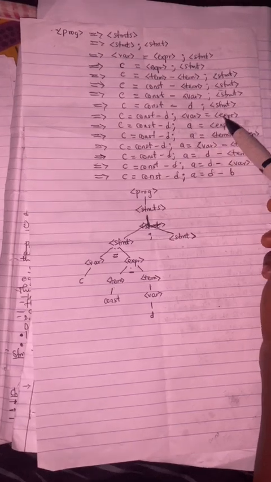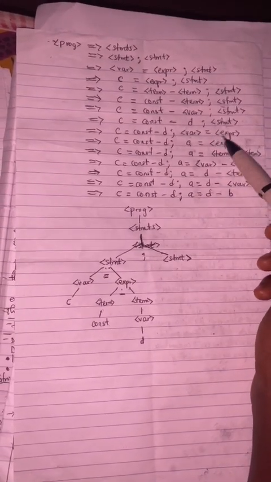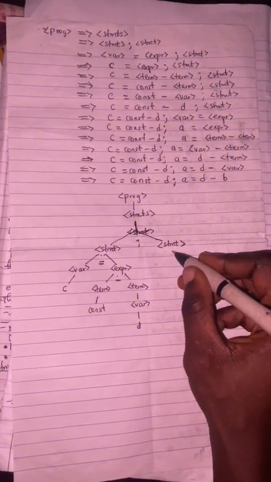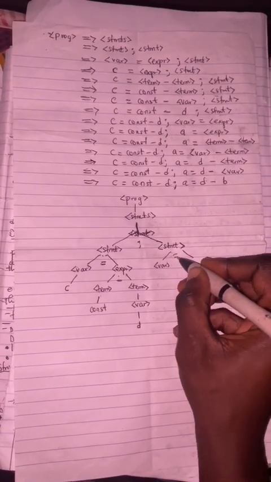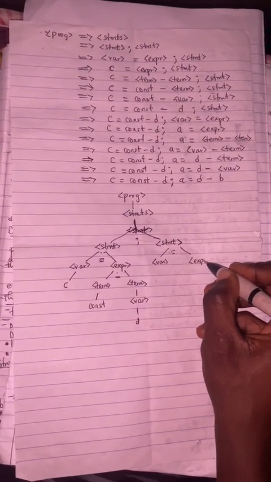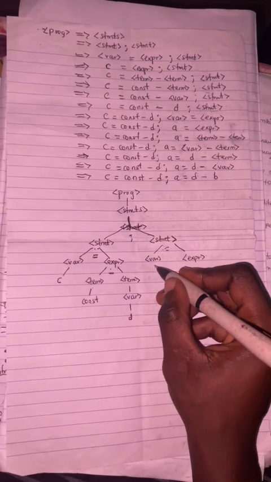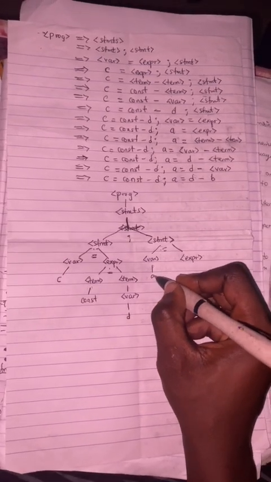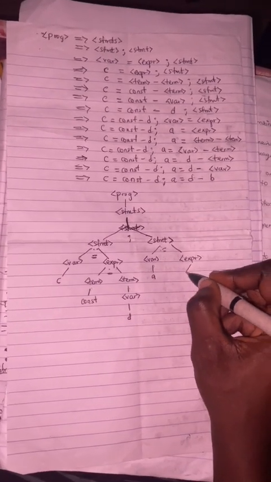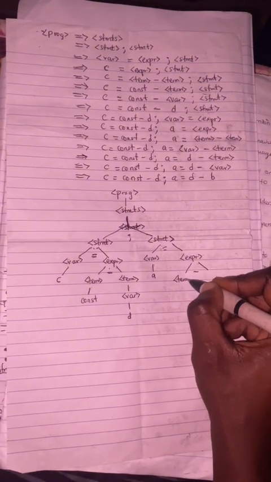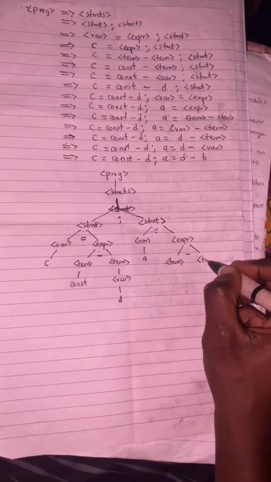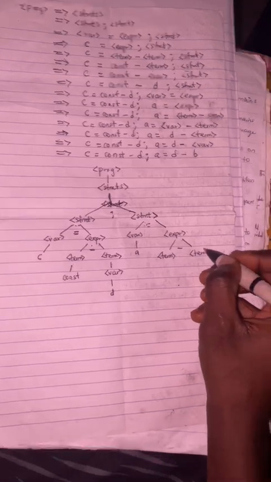So now I want to derive this other part where this statement here gives us var equal to expression, right? And this var here gives us A. This expression was also derived 10 minus 10, right?